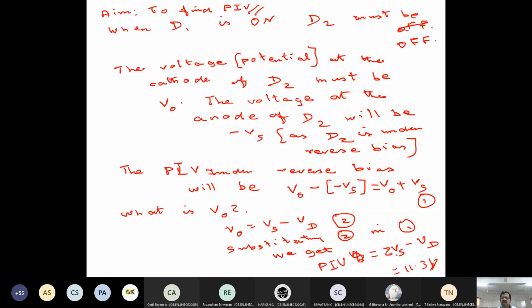So I must have an idea about what I am giving as the input, so that I ensure the diode breakdown voltage must be much greater than this 11.3 volt. In this case, at least minimum 16 volt as a thumb rule.